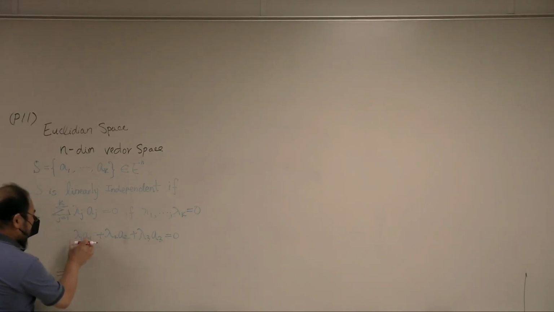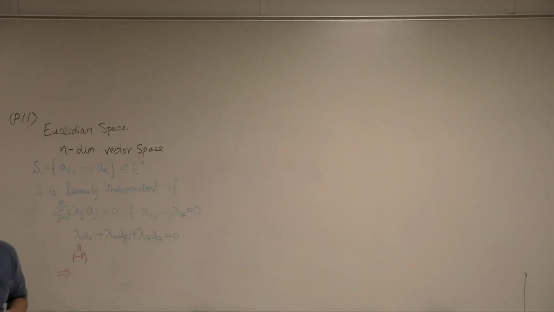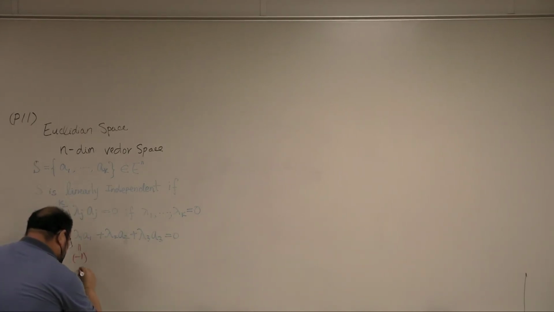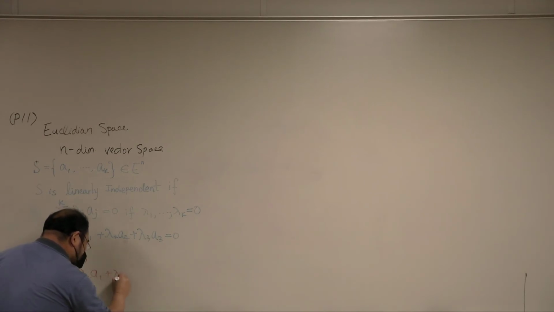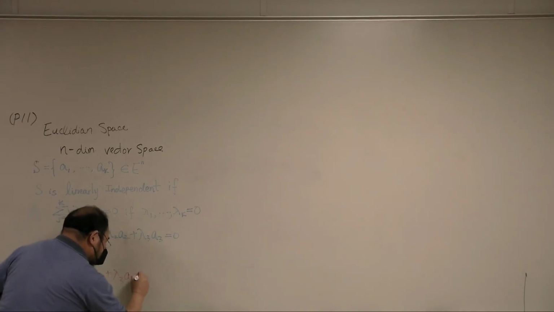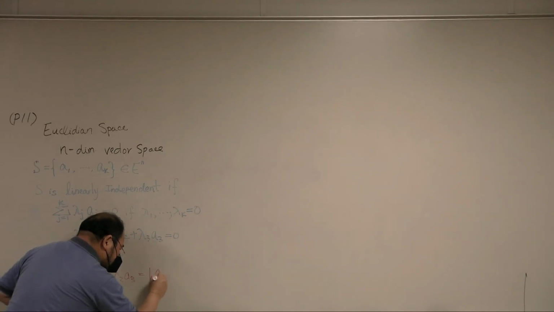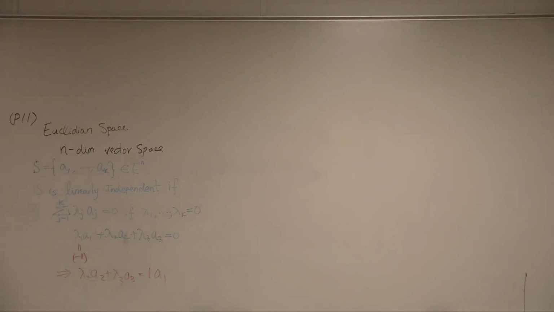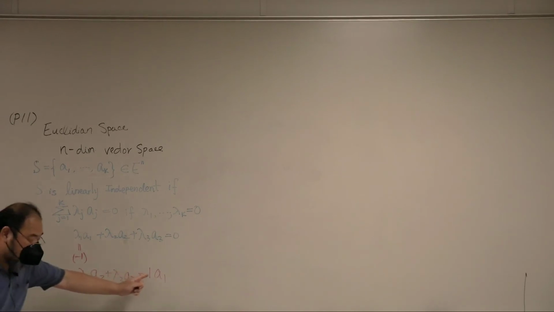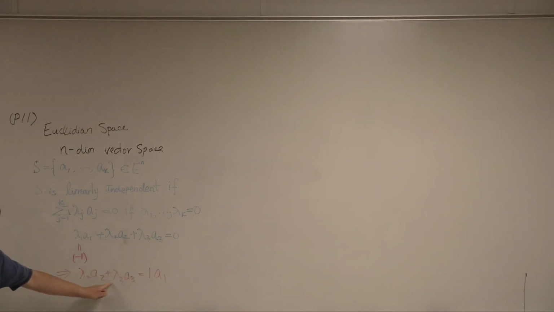What happened is I can move this term to the right-hand side: lambda 2 times A2 plus lambda 3 times A3 equals 1 times A1. Is that correct? That means A1 is a linear combination of A2 and A3. So A1, A2, and A3 are not linearly independent. A1 depends on A2 and A3 only. That make sense? Cool?